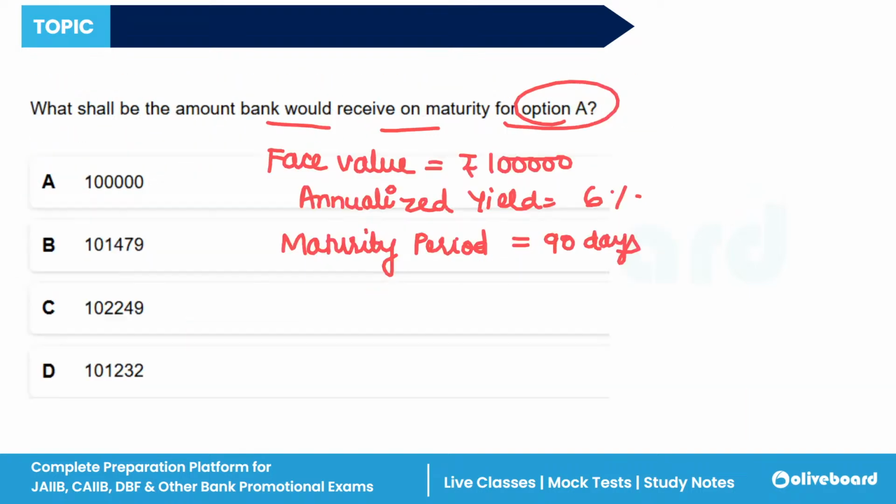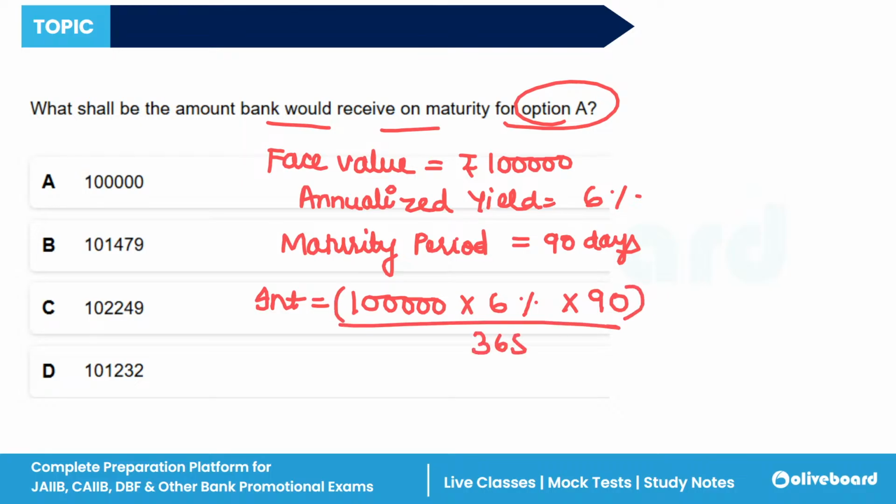Now we have to calculate the interest, and interest is equal to face value times annualized yield, multiplied by maturity period, and then divided by 365 days, which is approximately rupees 1479.45.